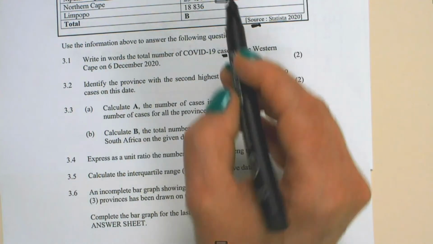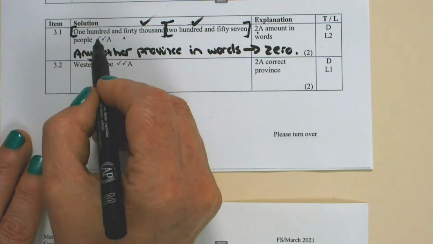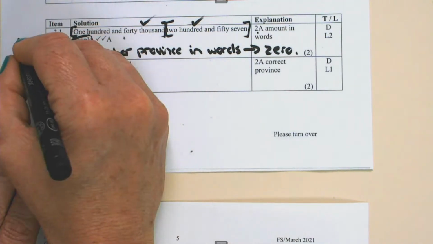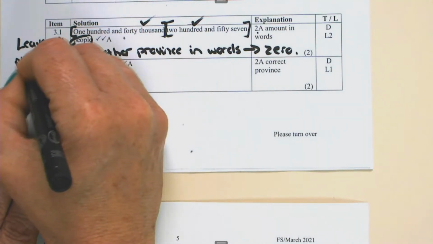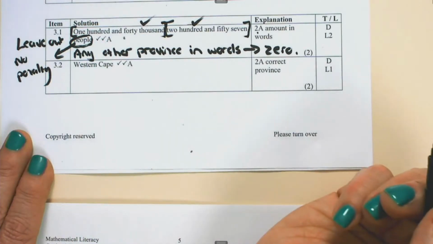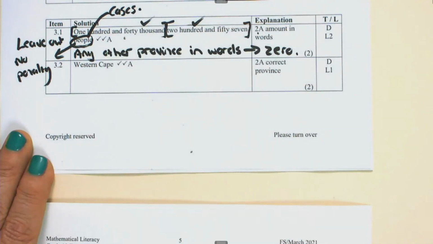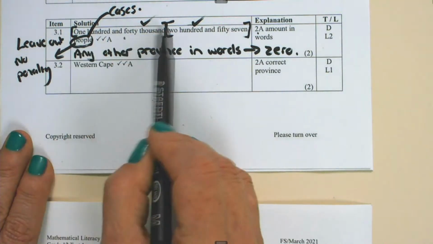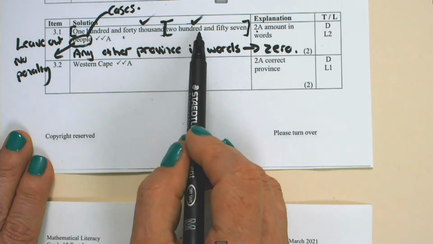So the cases or the word people are already standing here. If they leave out the word people, do not penalize, no penalty, because it is on the paper. Some learners will not write people, they will write cases. It is still fine if they write cases. But let us focus on the number, the first part being 140,000 and the second part being 257.